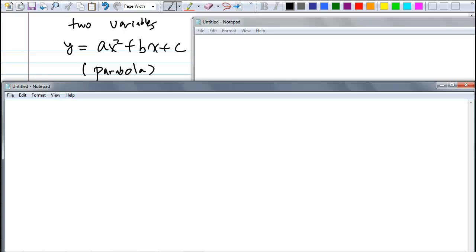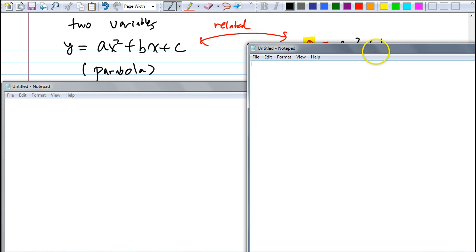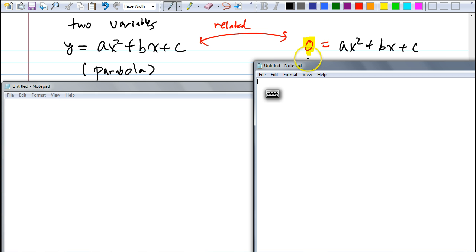It's called a quadratic. We get a parabola, and we get an x squared, an x to the second power term. So we do the same thing to find the x-intercept. Guess what we're going to do? Plug in y equals 0. Same exact thing. The related equation is going to be this, where you plug in y equals 0. That will get us the x-intercepts, the roots.